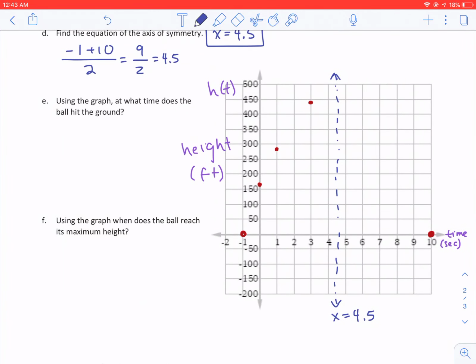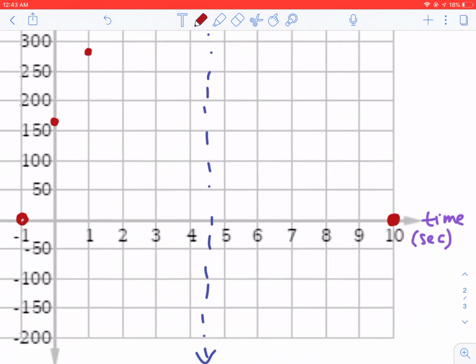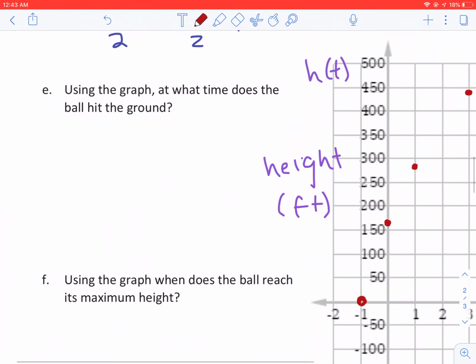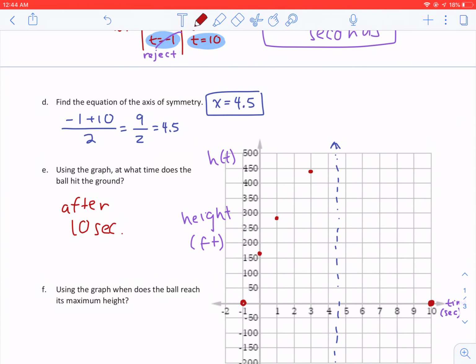Right, so letter E, using the graph, at what time does the ball hit the ground? If they ever gave you a graph first, and there was this point, that's going to be your x-intercept, your 0. We did it earlier, but it hits the ground clearly after 10 seconds. Right, when the height's 0, after 10 seconds. Using the graph, when does the ball reach its maximum height?